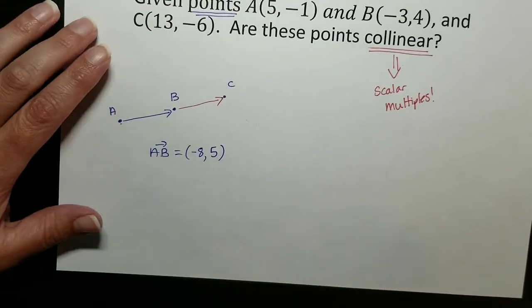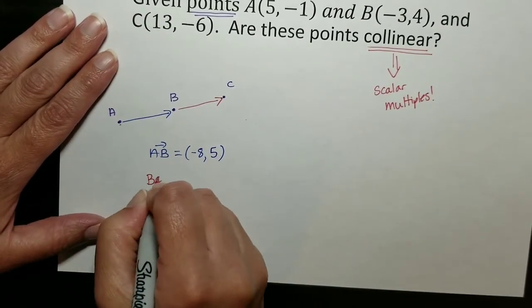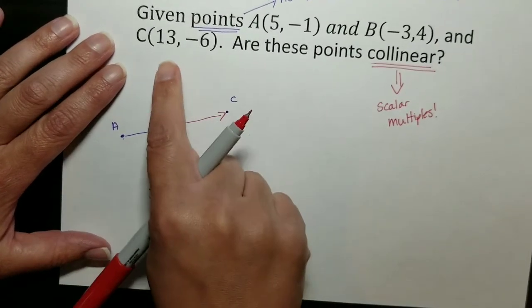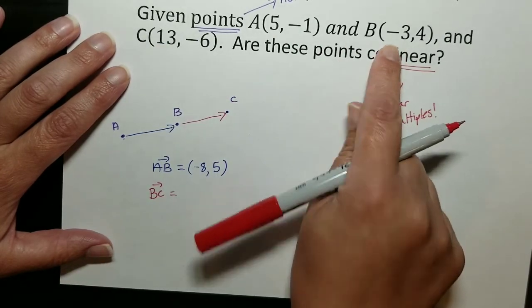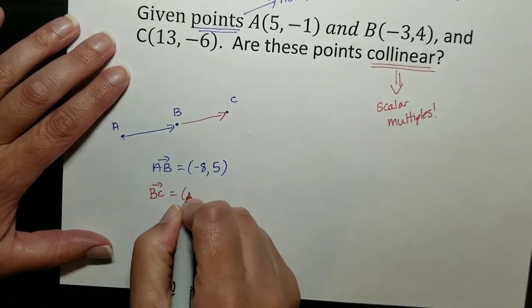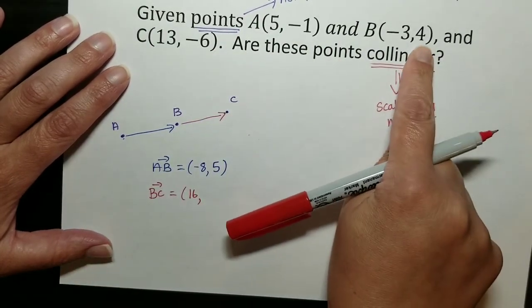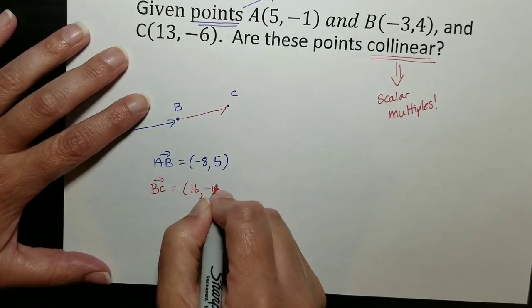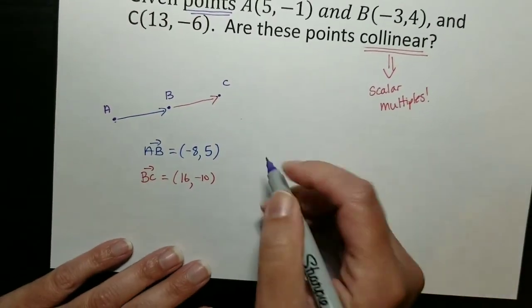Okay, and then just keep myself color-coded here. Going from B to C, here I've got 13, because I'm ending at C, 13 minus -3, which is 16, and -6 minus 4, which is -10. So I think that that's pretty obviously a scalar multiple.